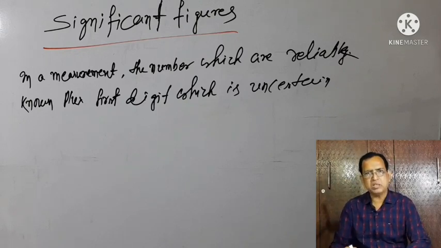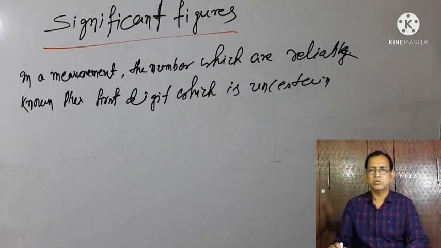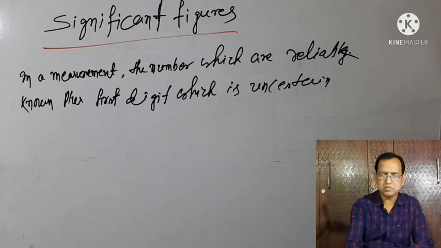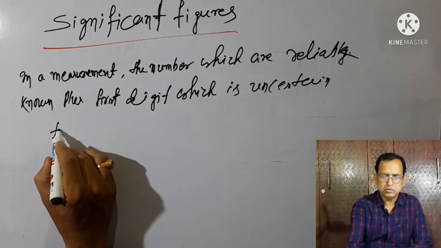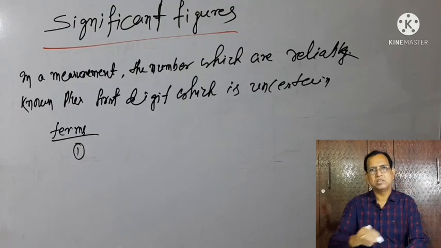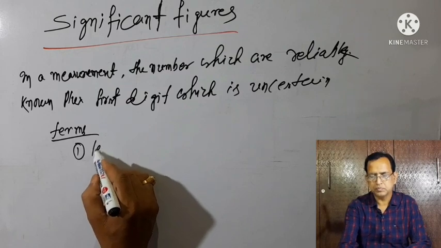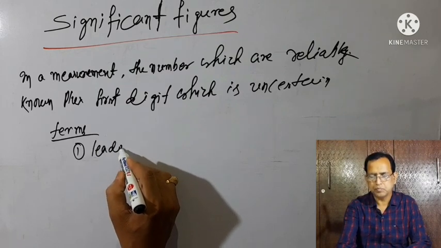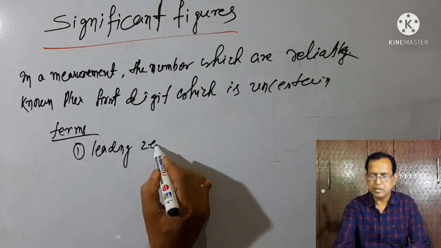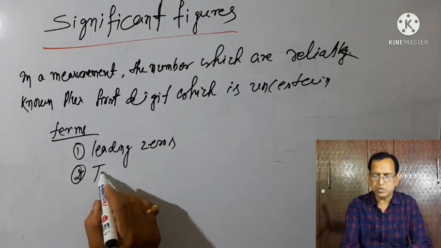For calculation of significant figures, at first we use some terms. What are the terms? First, leading zeros. Number two, trailing zeros.